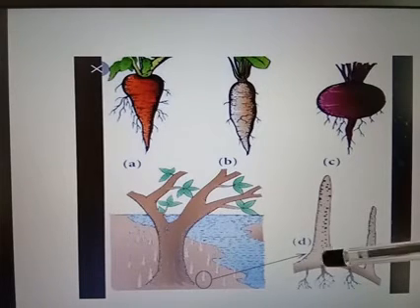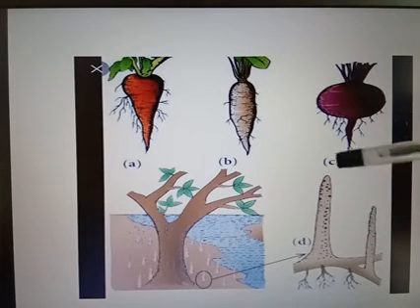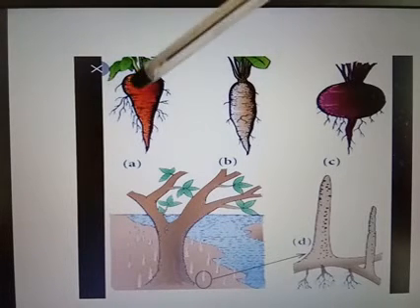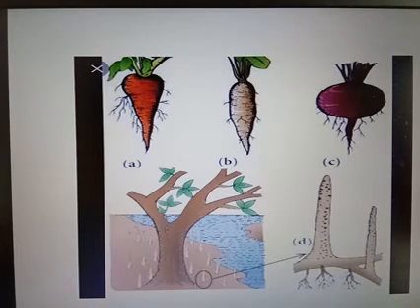The small pores seen in this pneumatophore are known as pneumatothodes. Examples for this group are Avicennia and Rhizophora. And here the carrot, turnip and beetroot are examples for the modifications in the tap root for the purpose of the storage function.